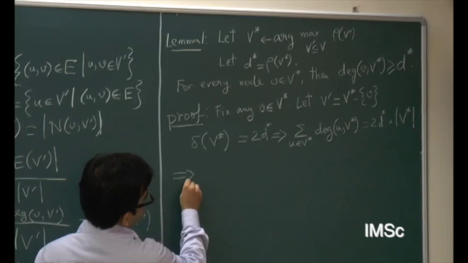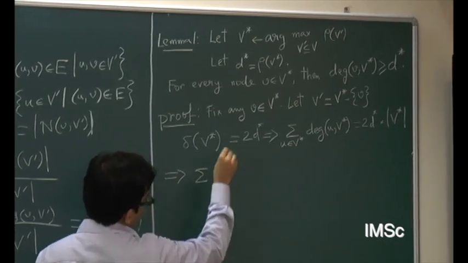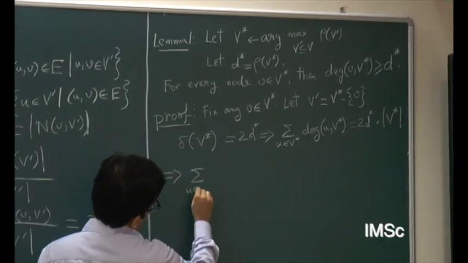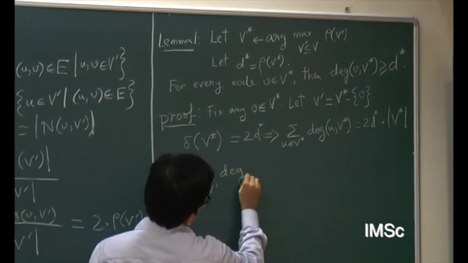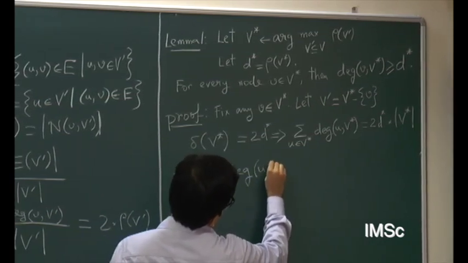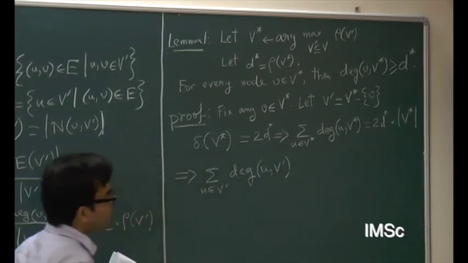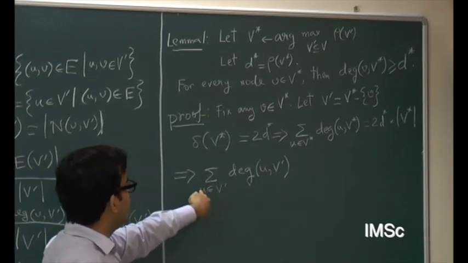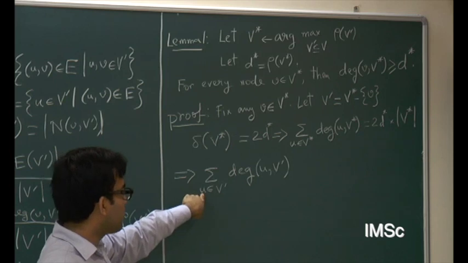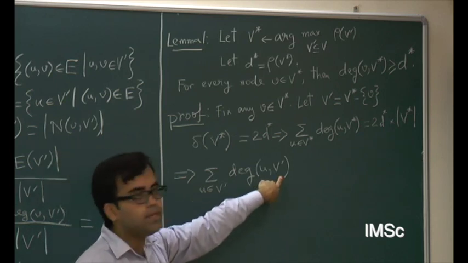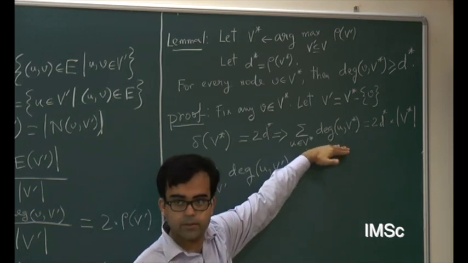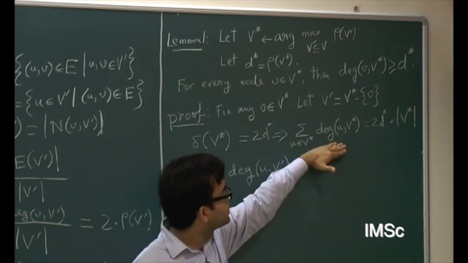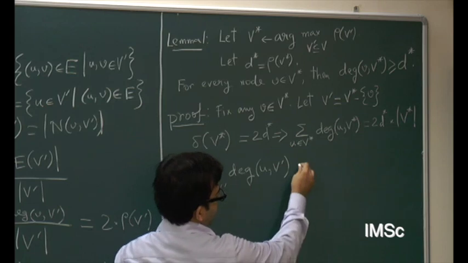Now you look at every other node u and look at its degree in this remaining set V prime. So you are undercounting this quantity, and you need to adjust. By how much should you add?